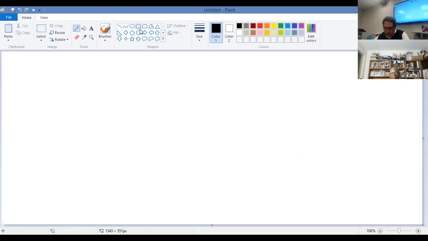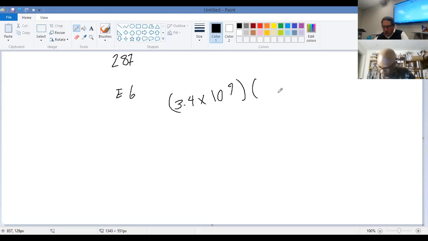We have an example of multiplication on page 287, example 6. We have 3.4 times 10 to the power of 9, parentheses, times 2 times 10 to the power of minus 5.